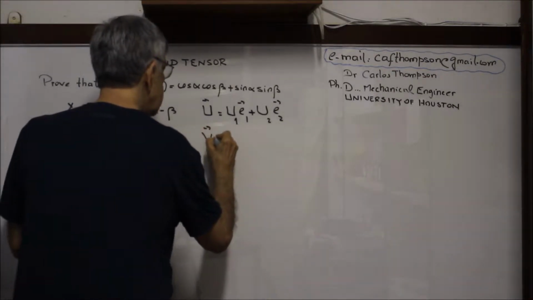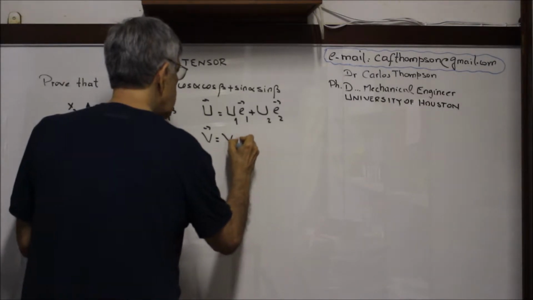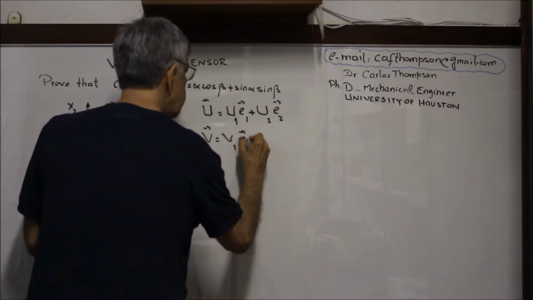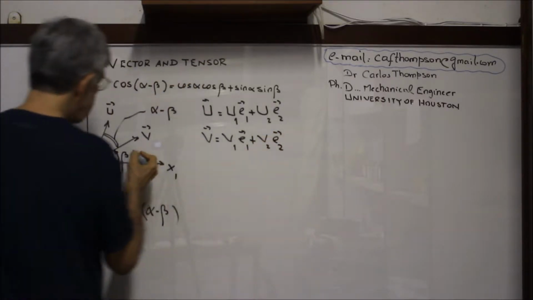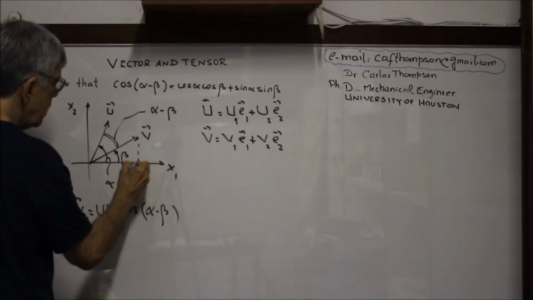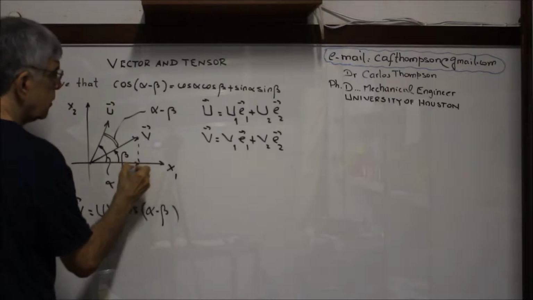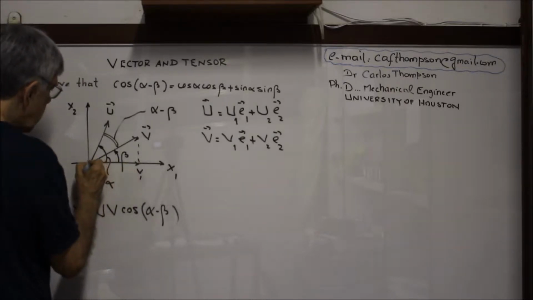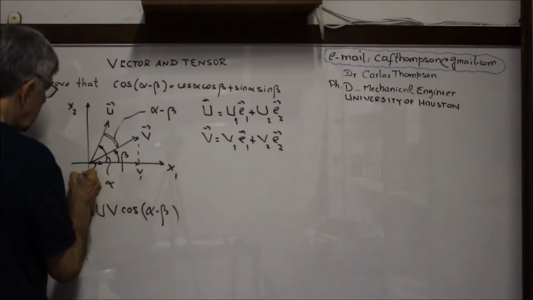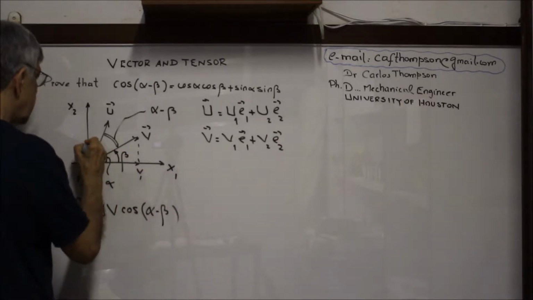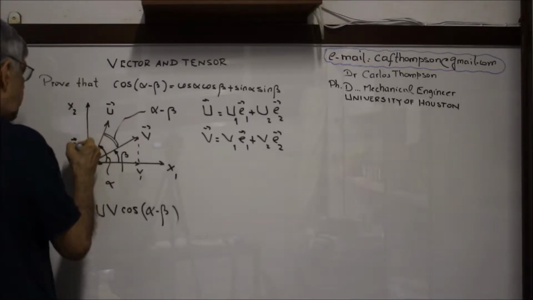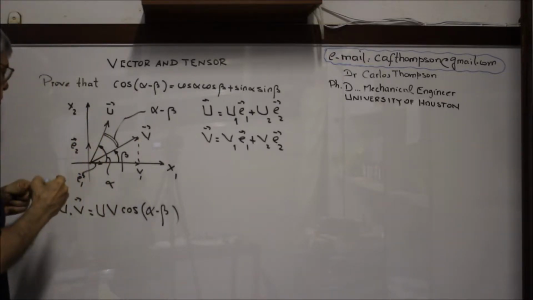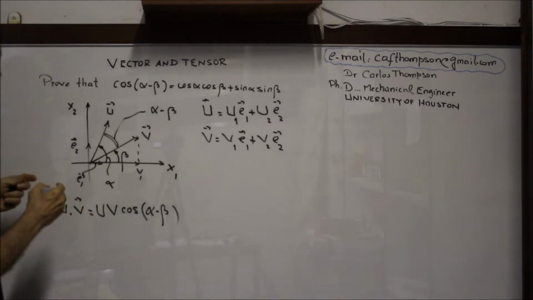Likewise, v is equal to v1 e1 plus v2 e2. You can see the projection here, okay? e1 is the unit vector of the x1 axis, and e2 is the unit vector in the x2 direction.